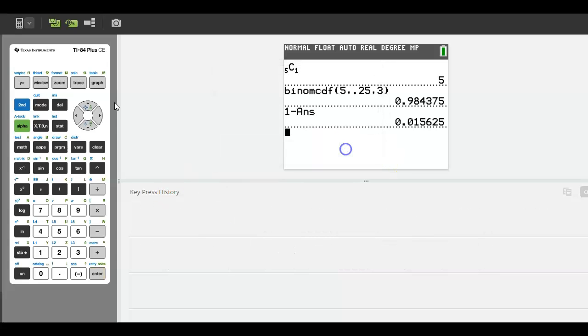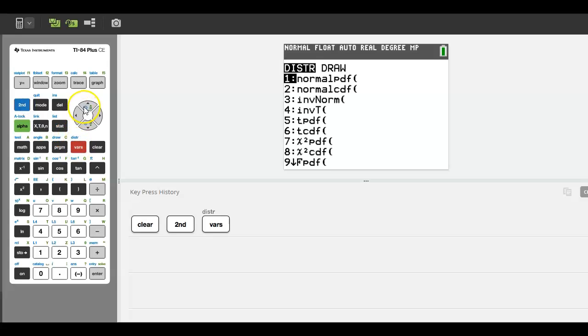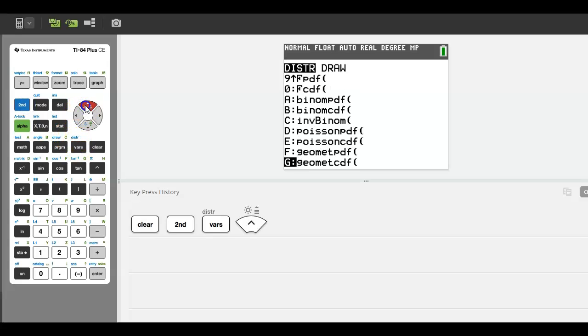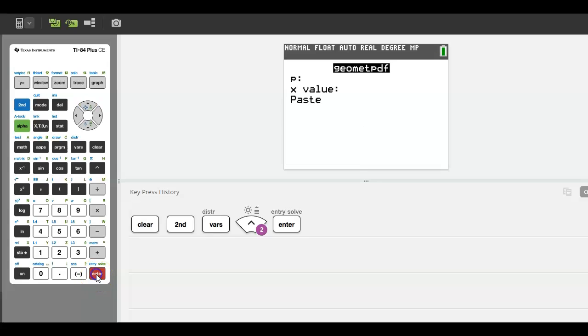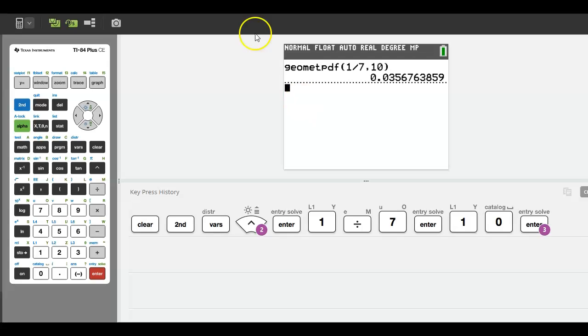So if I bring those up, let me clear this. If we go to 2nd VARS, again, up arrow, I'm going to see geometric PDF. And that's just going to ask me for 2 values. What's the probability of success? So 1/7. And we want to know that the first success is on the 10th trial. And that's where that probability comes in.